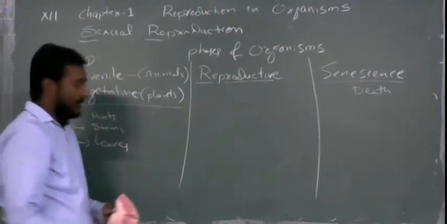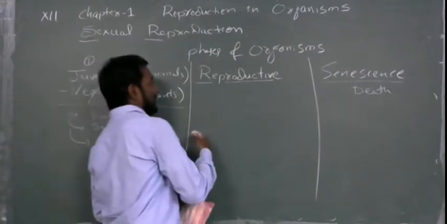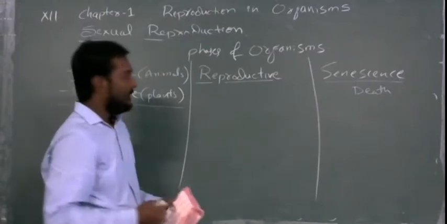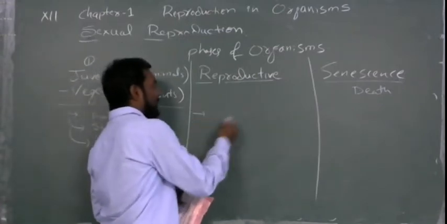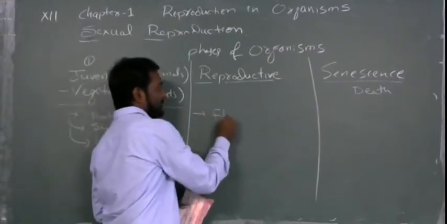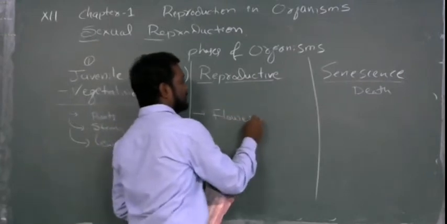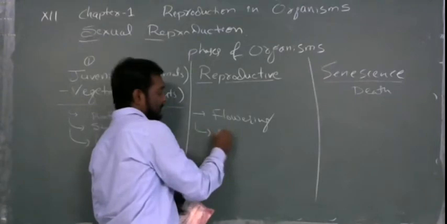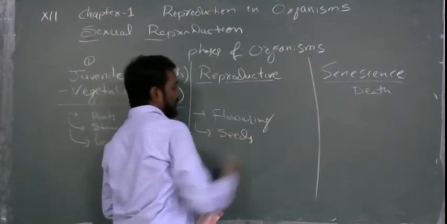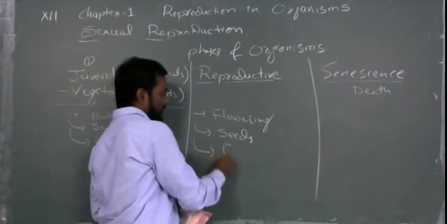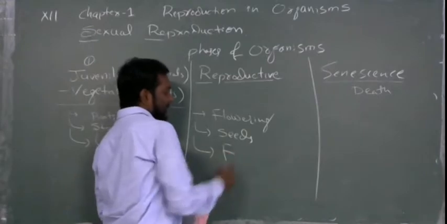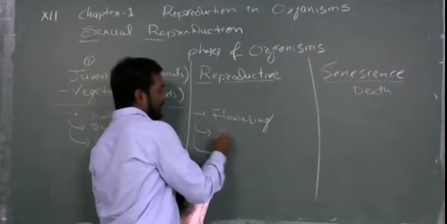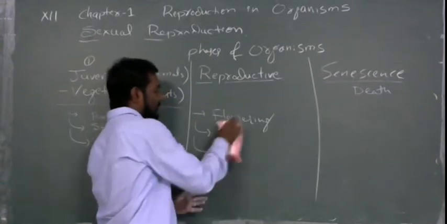Clear? And when they become mature, after some certain lifespan, they will start flowering. After flowering, they will produce the seeds, and the seeds will produce the fruits.